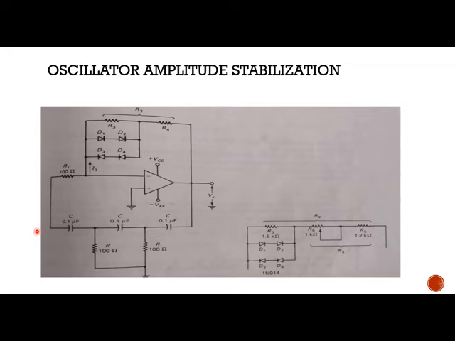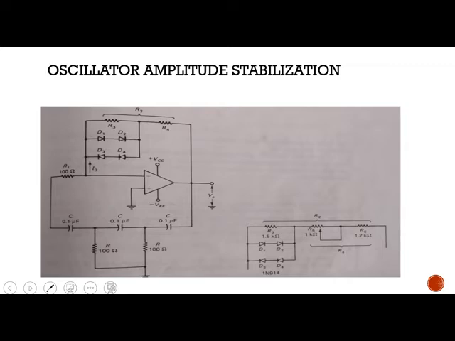You can observe in this circuit the resistor R2, which was the feedback resistor, is now replaced by two resistors, R3 and R4. So R2 is equal to R3 plus R4. And we can see the diodes. There are 4 diodes. When these diodes are conducting, it will short the resistor.